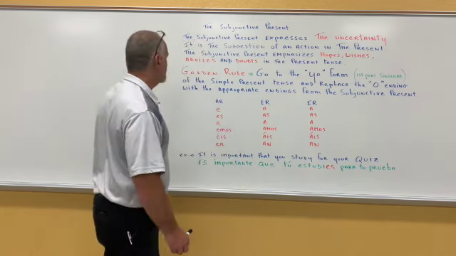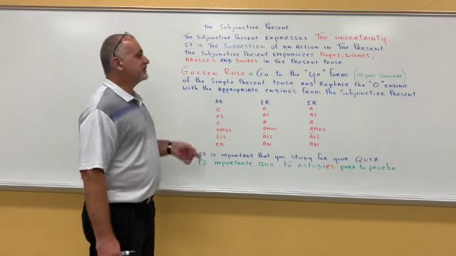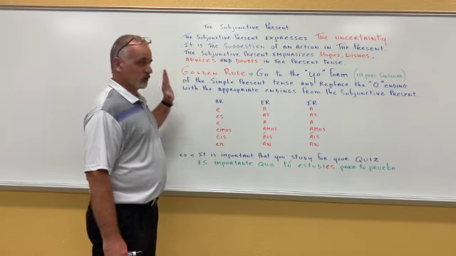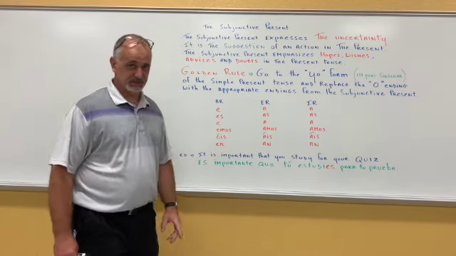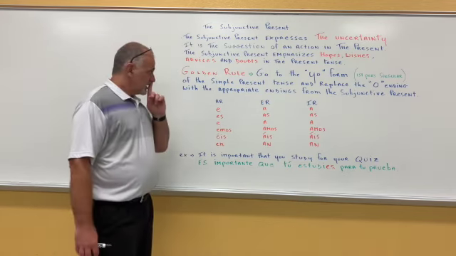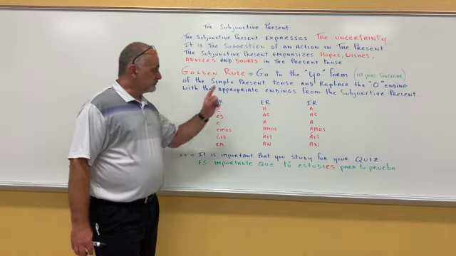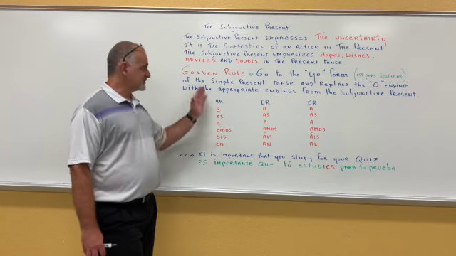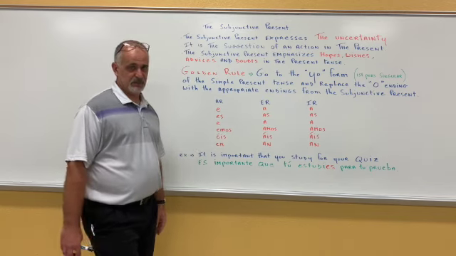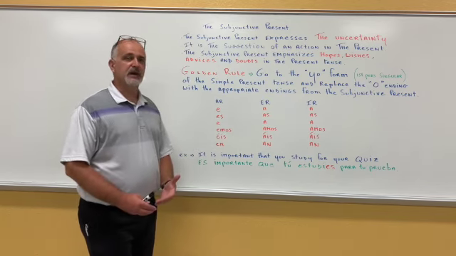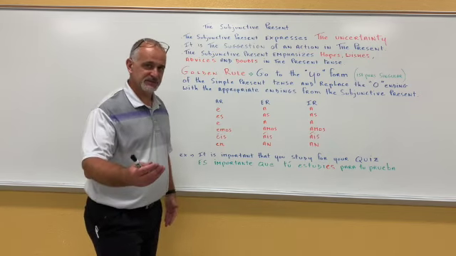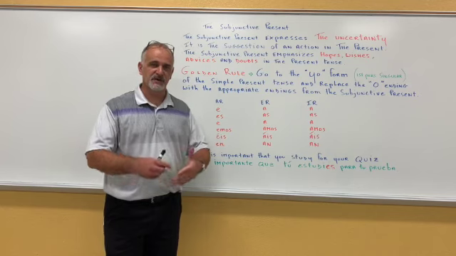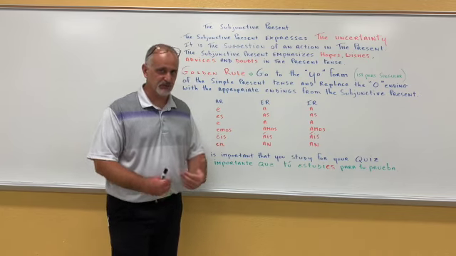All right, so when dealing with the subjunctive present, there is a golden rule that I want you to apply every single time. The rule says you must go to the yo form, first person singular, of the simple present tense. I wish you could go back to the videos that I have about the present tense in regards to the AR verbs, ER verbs, and IR verbs so that you can understand where I'm going with this.